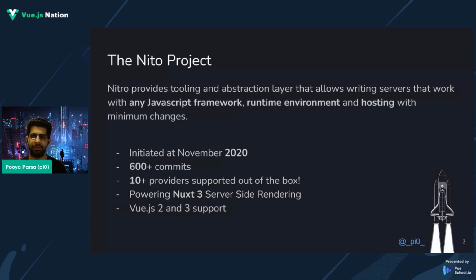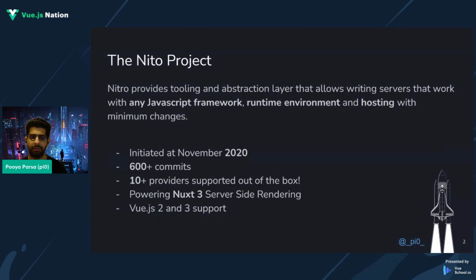But soon after that, we started to innovate based on this idea. We had almost 600 commits until now on this project that enabled us to target more servers, add more advanced features like TypeScript support, like API routes that we'll see in the next slides, and some packages that were added to the stack slowly.